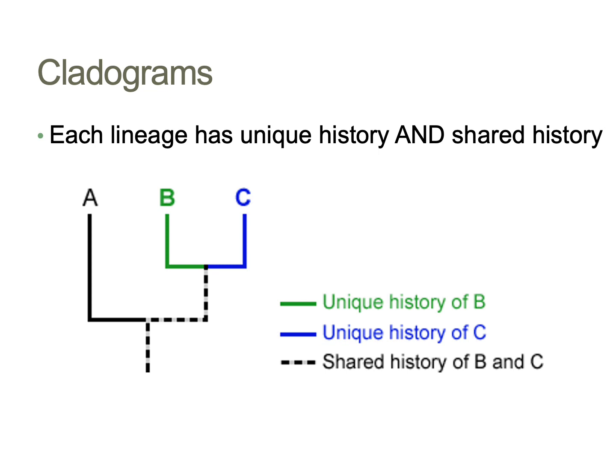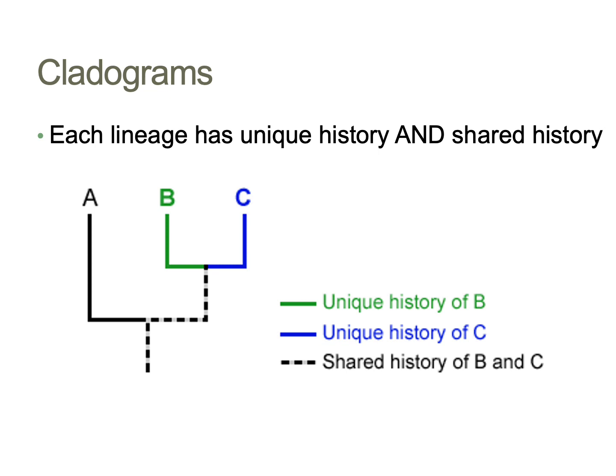When you look at a cladogram, each lineage has a unique history and also a shared history. When you look at this particular cladogram, from the ancestral lineage, B and C contain shared history, while B and C also have their own unique history.